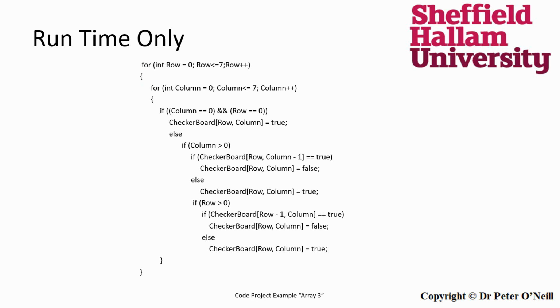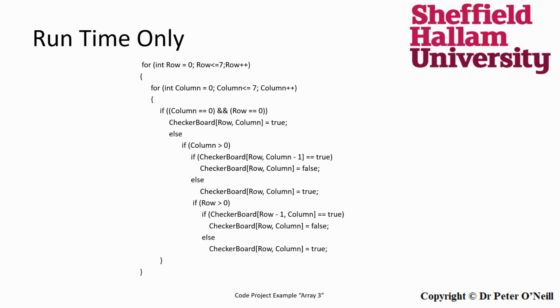The content within the for loops, from the if down to the closed squiggly brackets on the if, determines what's going to populate each of the cells. And you can see that in examples array 3.